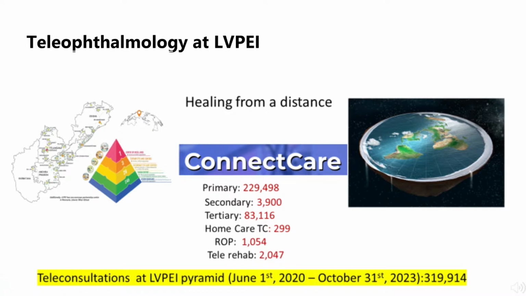A similar project at a larger scale that I'm involved in is with an organization in India, the LV Prasad Eye Institute, and they've been doing a very similar project, but at a much greater scale.